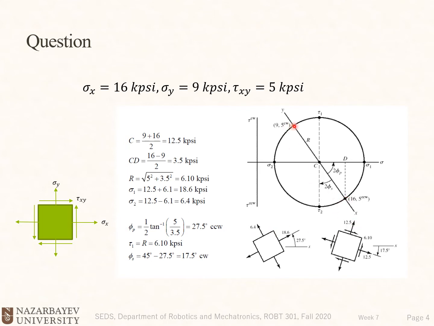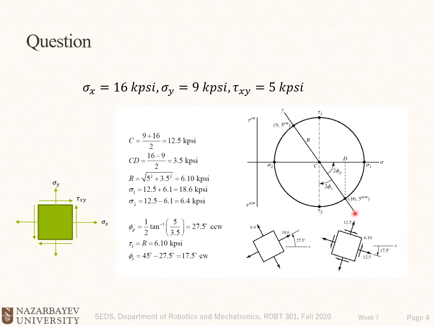The second point will be sigma y, tau xy, and tau xy on this side is positive because it rotates the element clockwise. So we have 9 and 5. So now we have our 2 points, A and B, as we labeled them in the previous slides.